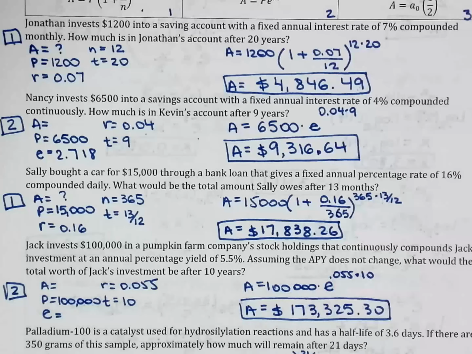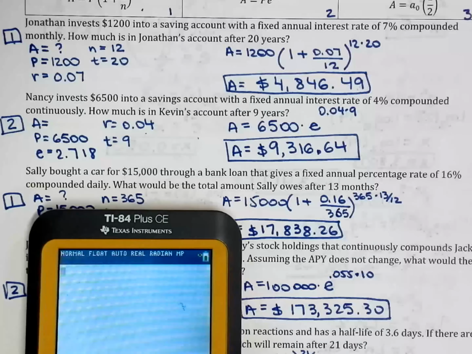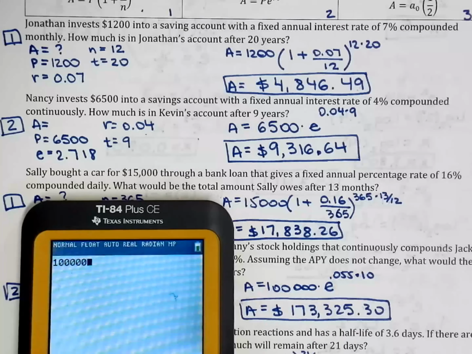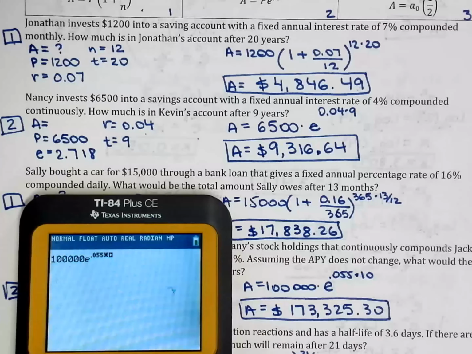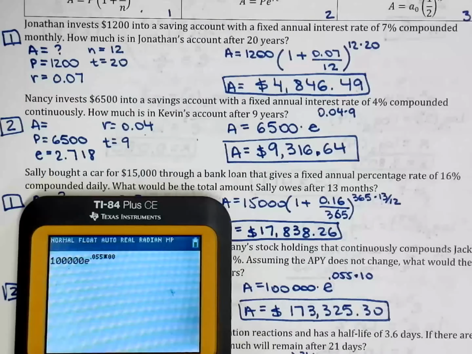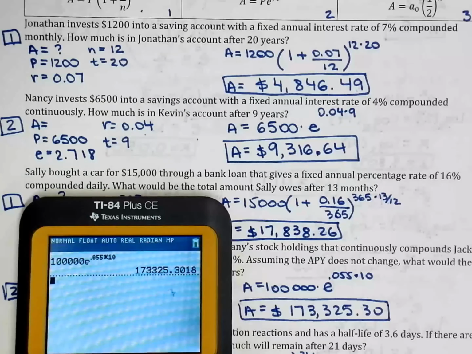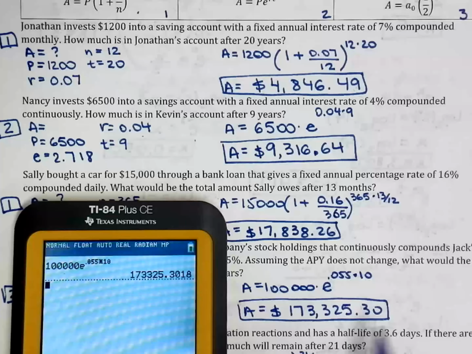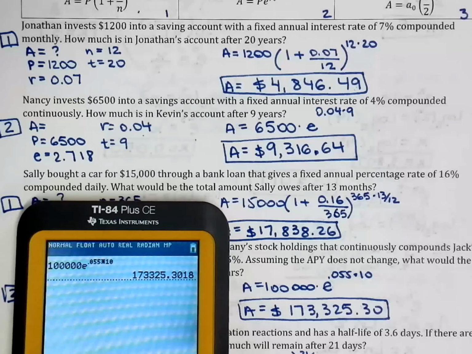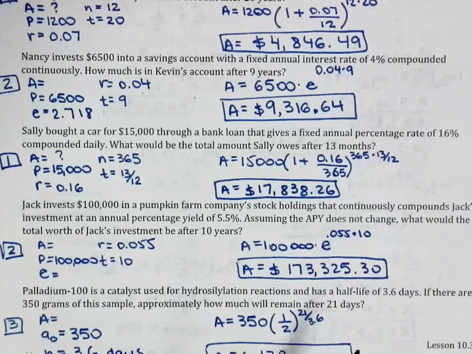This one is pretty straightforward. So just punch it in the calculator. And voila, 173,325 and 30 cents.